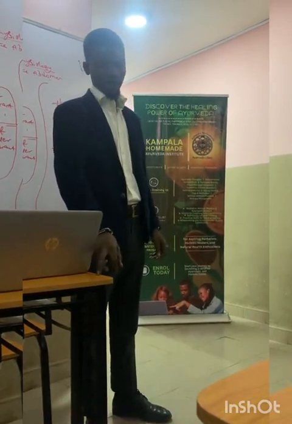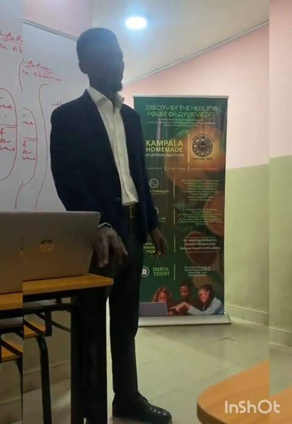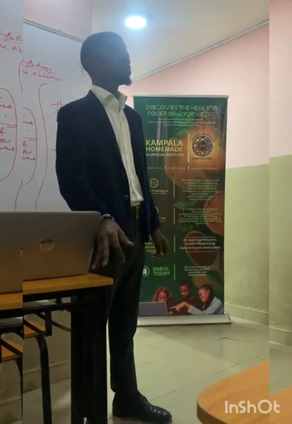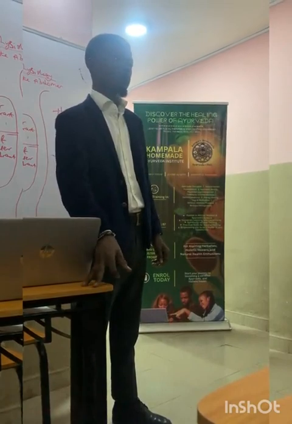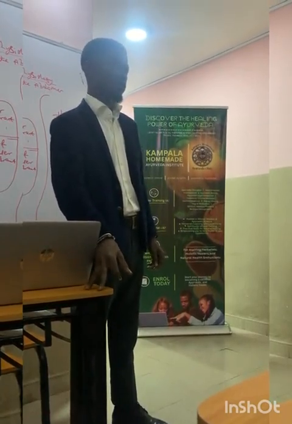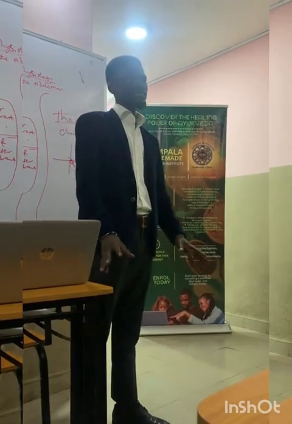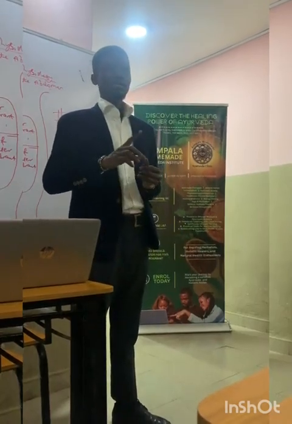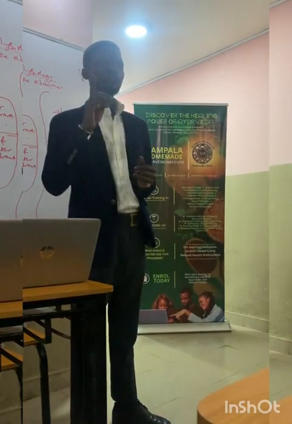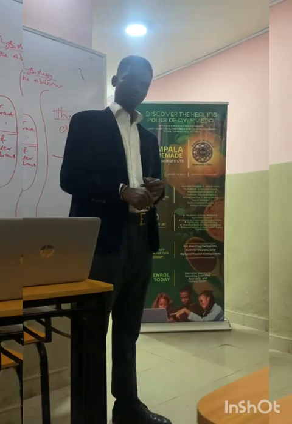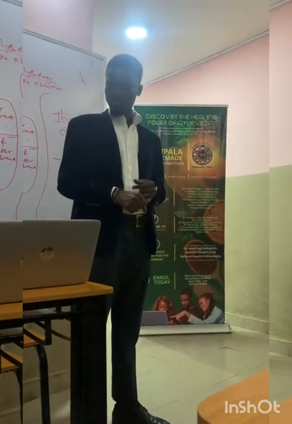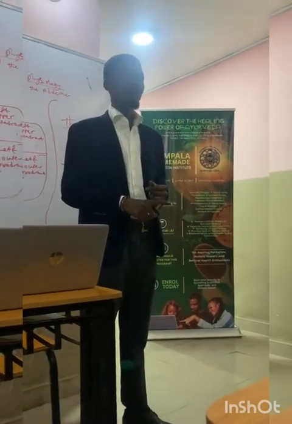Now, let me chip in this. If a woman is having an issue with the reproductive system, the reproductive organ, the most appropriate test to prescribe is pelvic scan. You understand? It is that of pelvic scan.